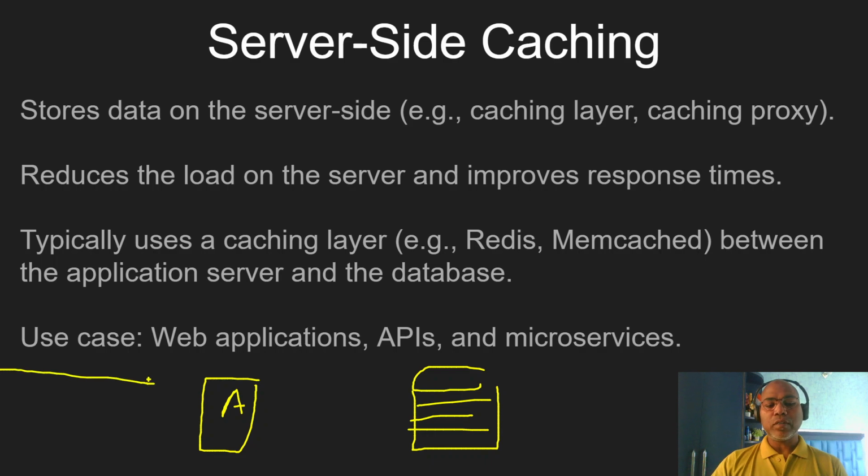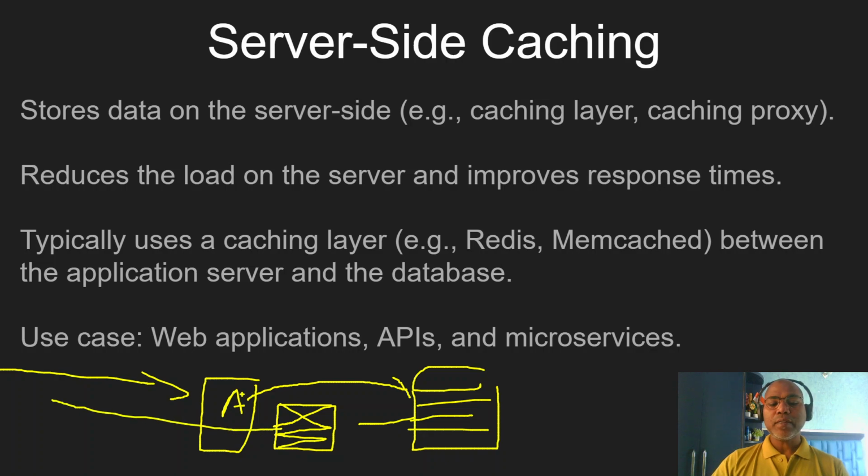So when a user request comes, the application calls the database, gets the data, stores it in the cache, and responds. Next time, if the cache is available, it responds from the cache. In this way you can maintain a caching layer as well as a local cache.